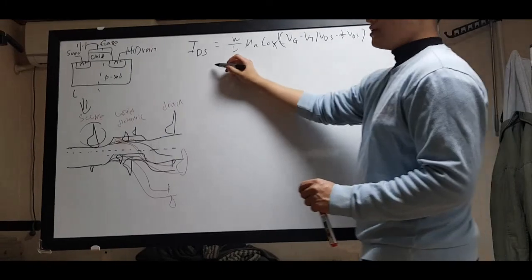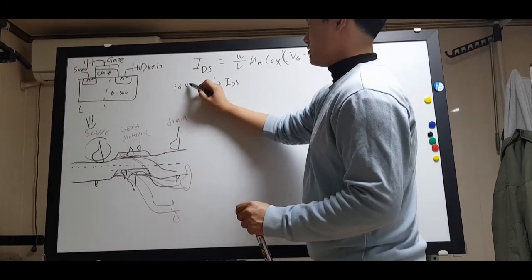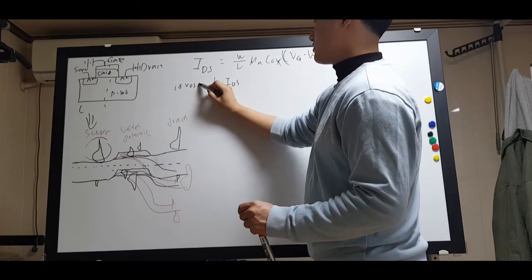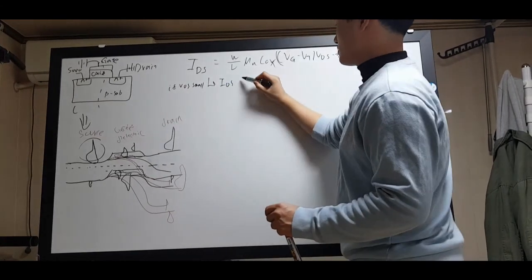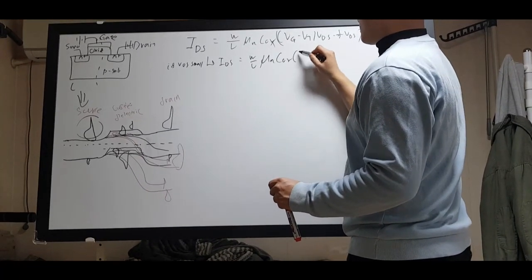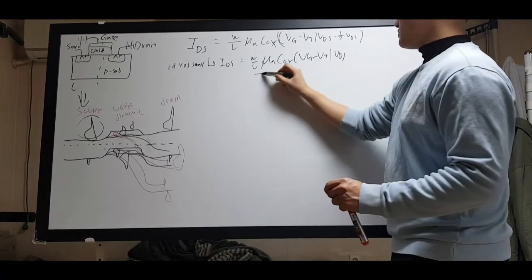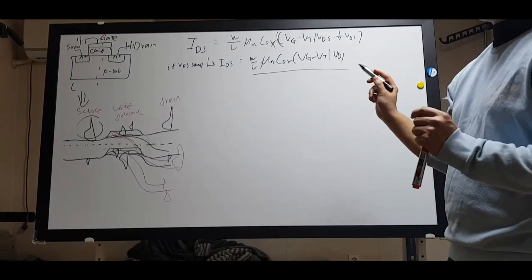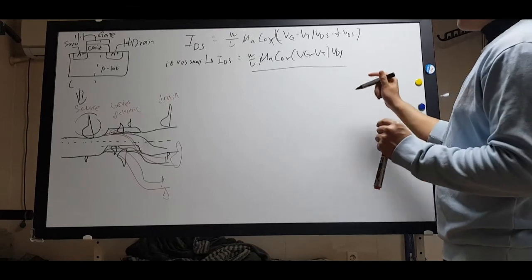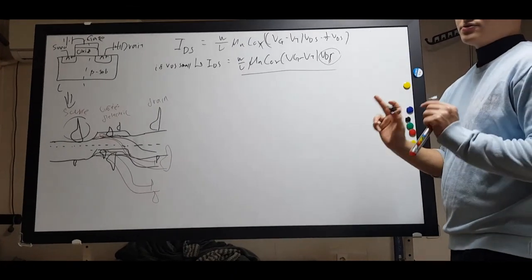And assume this is a linear equation if the quadratic term is too small to ignore. This equation is the linear-region equation, and the slope will be determined by the voltage from drain to source.